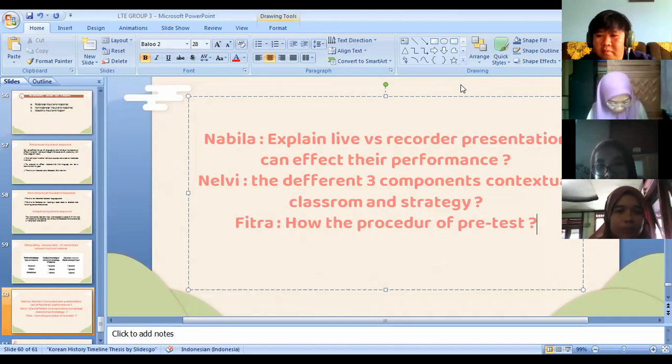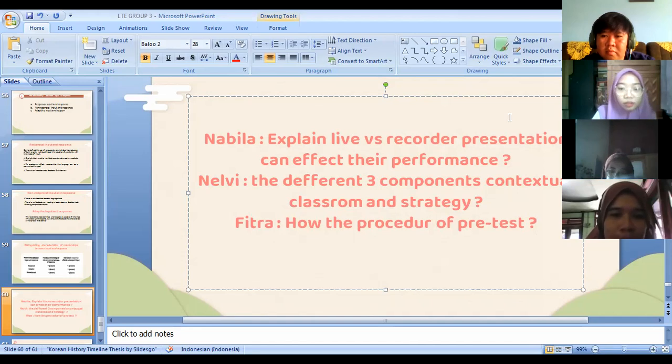Kak Fitra asked about the procedure for administering the pretest. Should we use the same question? So should the same question be used for the same students in the next test, or used for other students? Yes, in the next test to the same students, I mean. Okay, okay. Thank you so much, Kak Fitra.